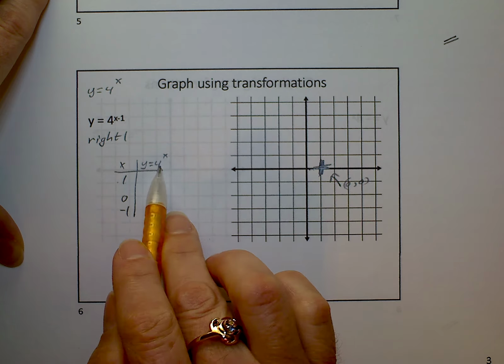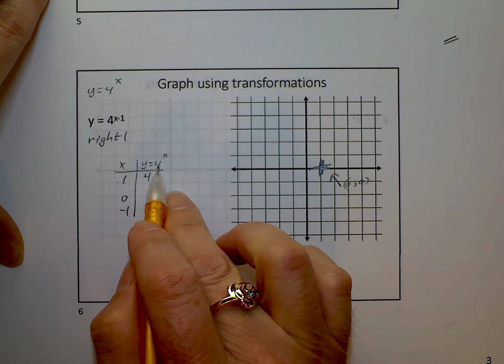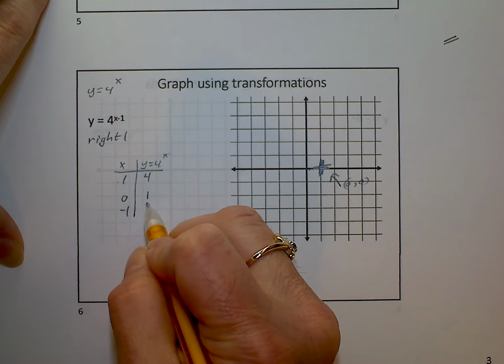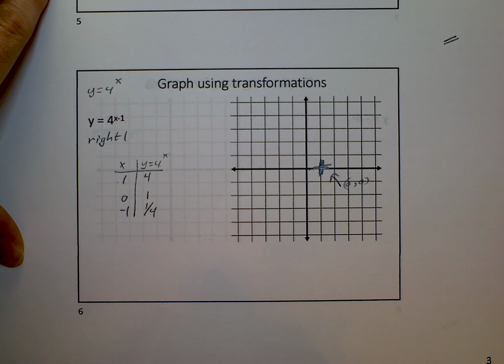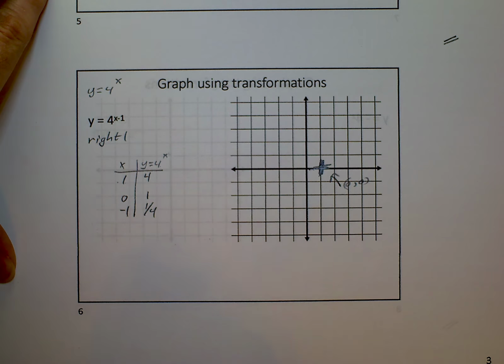If you put in 1, 4 to the first was 4. When we put 0 in, 4 to the 0 is 1, and 4 to the negative 1 is 1/4. Remember those 3 points we circled, highlighted, starred, or whatever in your notes? From here, we are going to do these 3 points.